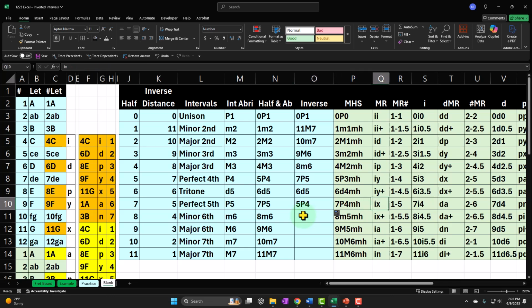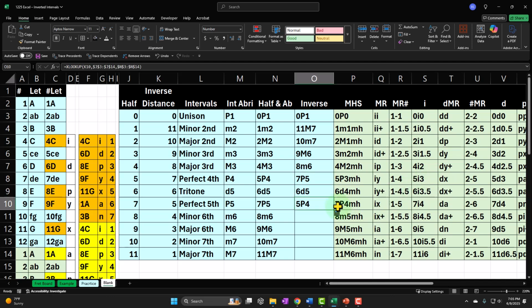Then if we look at it over here, I can see it would be a 7 note away Ionian fourth modal half step. The inverse would be 12 minus 7, which would be a 5 note away, and you would think the inverse would be 7 minus 4, 4, 5, 6, 7, which would be 3, which makes perfect sense, right? So the inverse would be a 5 note away Ionian third modal half step, which would be the fourth scale degree. So that's going to be that one.